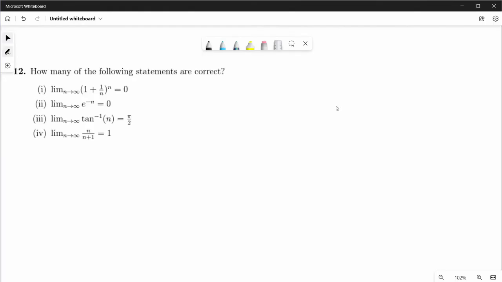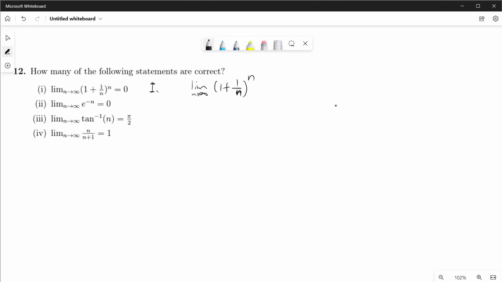For number 12, we have 4 statements, and we have to judge if any of these are right. So for number 1, we have the limit as n approaches infinity of 1 plus 1 over n to the n.